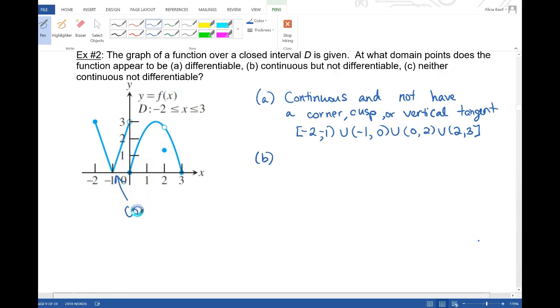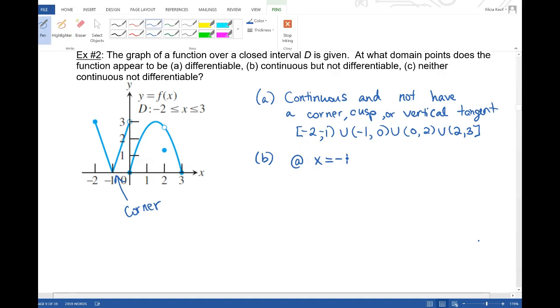So where is it continuous but not differentiable? Just right at x equals -1, because that's the only place where it's continuous but not differentiable.